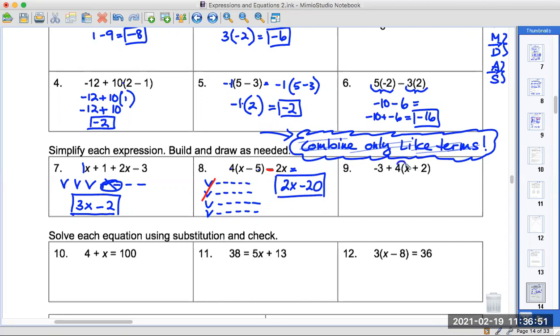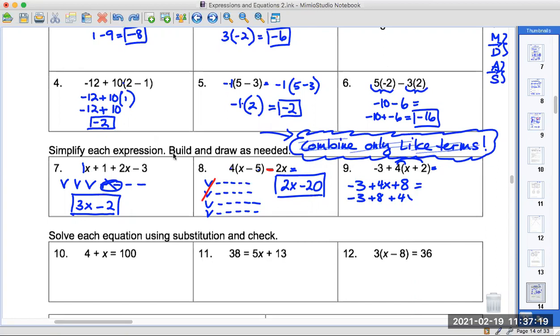This one we're going to distribute. Distributive property says multiply everything in the parentheses by what's outside. So I'm starting with the negative 3. 4 times x is 4x. 4 times 2 is positive 8. And then you can regroup to see that you have to add these first.